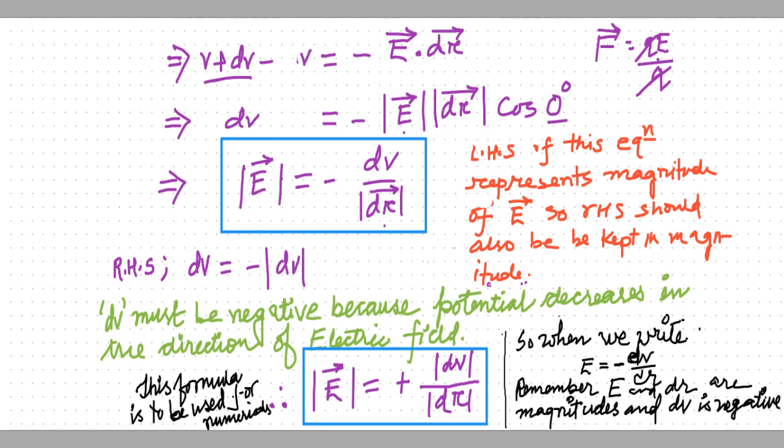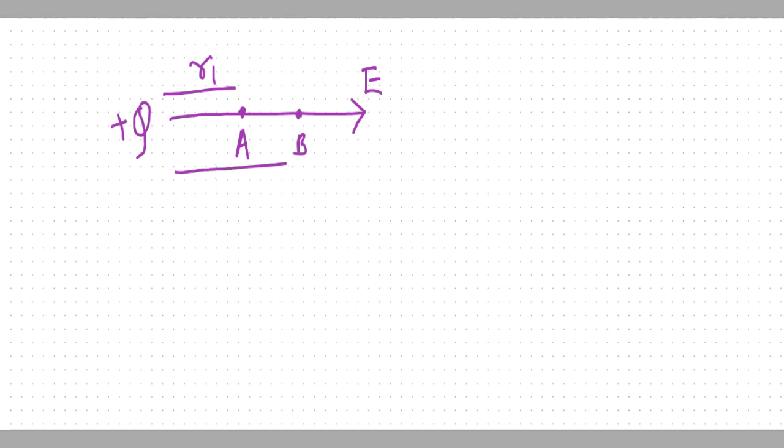To understand this, suppose this is the direction of electric field. Suppose this is a plus Q charge. Then this is the direction of electric field. Potential at this point A and potential at this point B. This distance is suppose R1 and this distance is suppose R2.